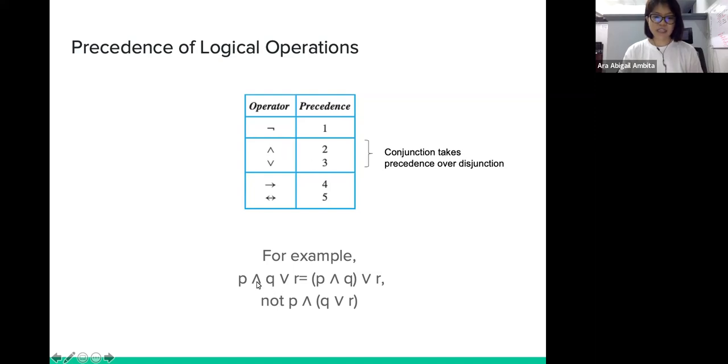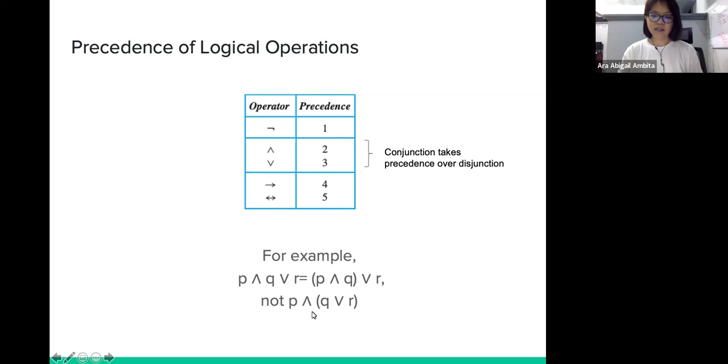For instance, we have this statement, P and Q or R. Putting parentheses over this one, since the conjunction has a higher precedence, we group this statement P and Q, and or R, and not group the disjunction first.